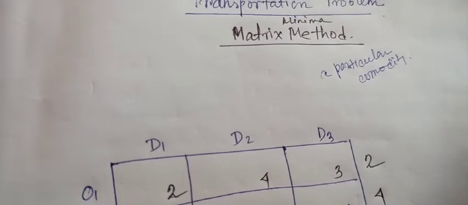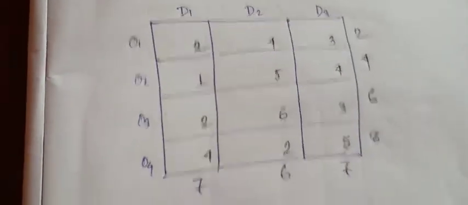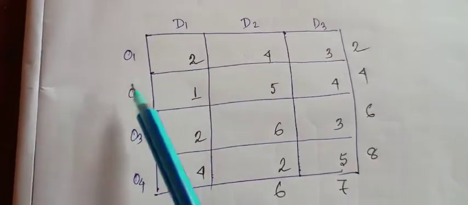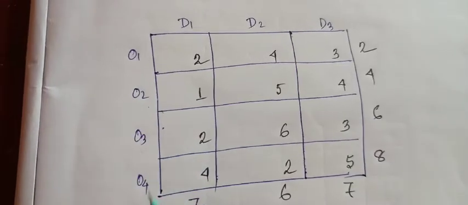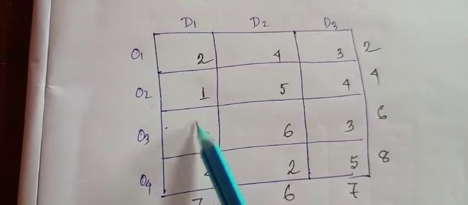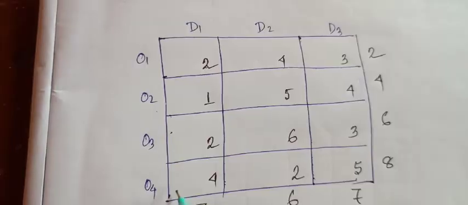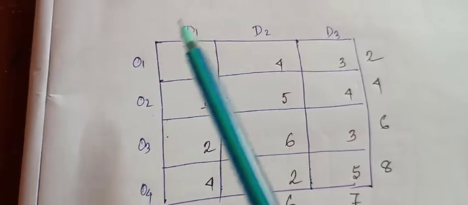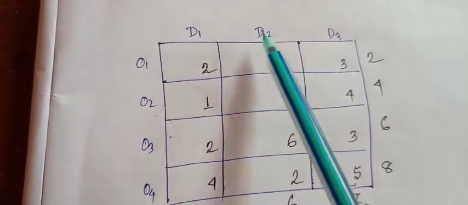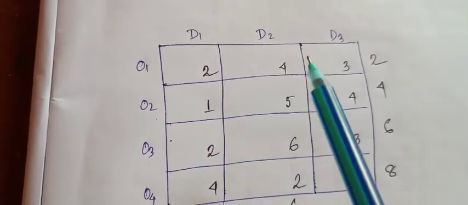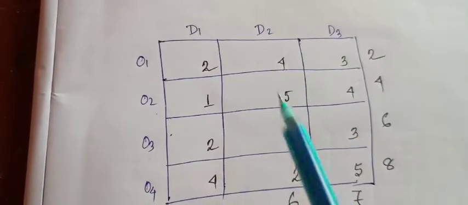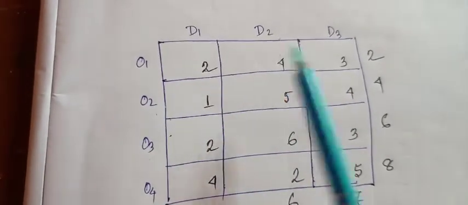Like here, in this matrix, the rows O1, O2, O3, O4 are known as the warehouses, and D1, D2, D3 are the destinations. So there are 4 warehouses and 3 destinations.